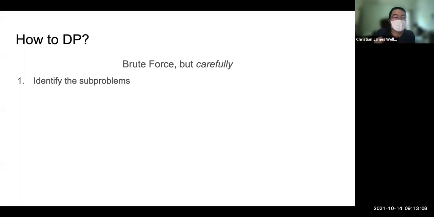Try to identify the different subproblems, because for most questions you might have seen up to now, the subproblem is pretty trivial, in the sense that it's obvious that that's the only thing you can do. But I think some advanced questions have different ways that you can see the problem, and depending on the way you see the subproblem, the time complexity changes.